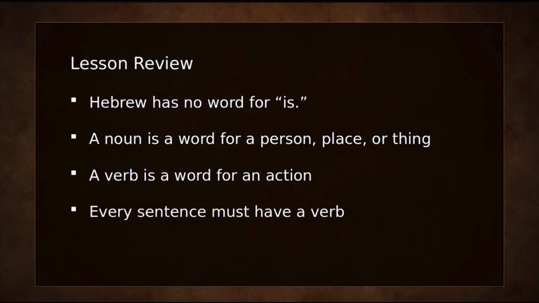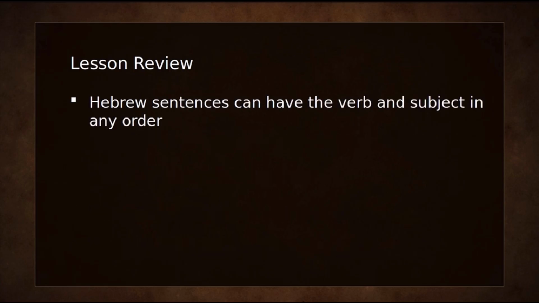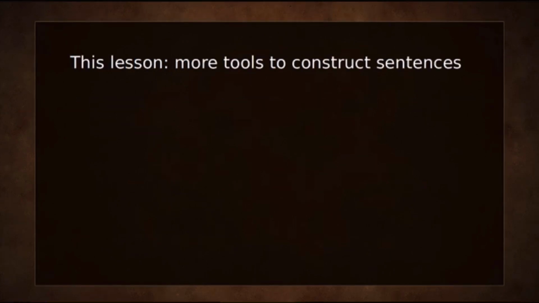We also learned some rules about sentences. Every sentence must have a verb in it, and every sentence must also have a subject that is acting out the verb. Also, we learned that in English, the order of words in a sentence is very important to the meaning of the sentence, but in Hebrew, the subject and verb can be in either order.